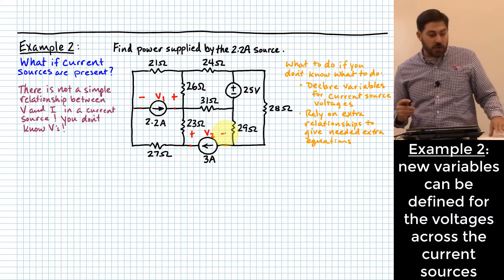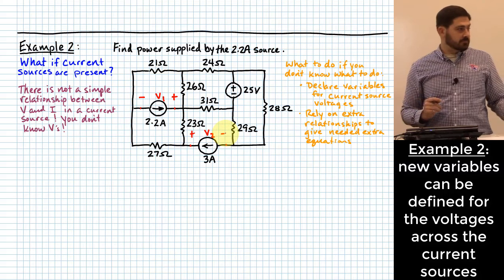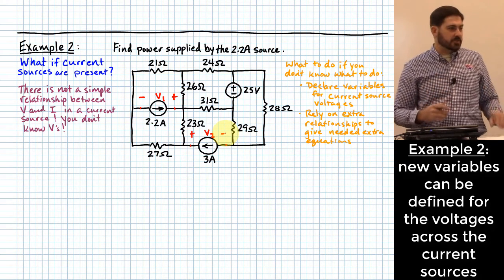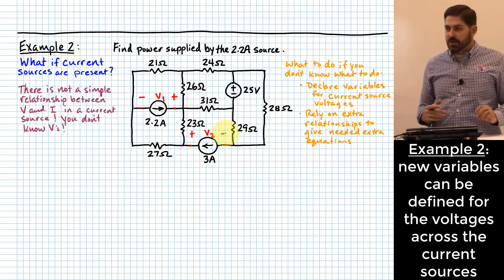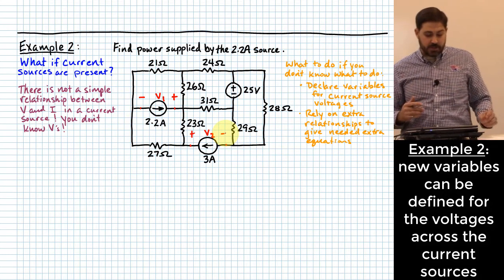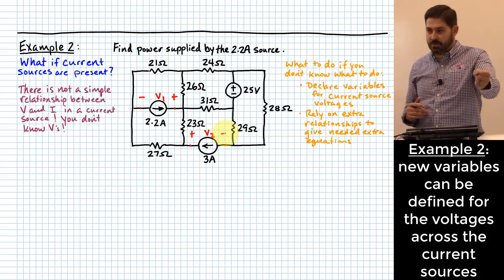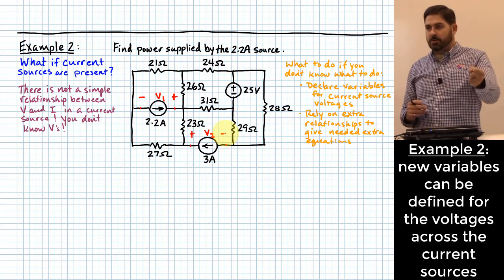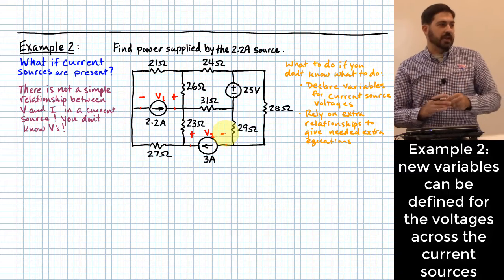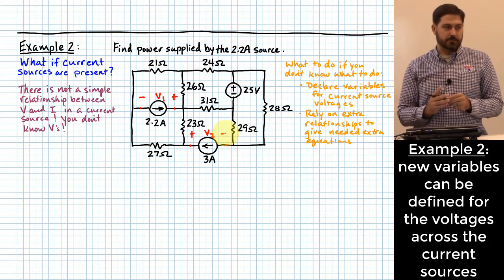Does this mean that I know that they are producing positive power? No. All it is, I'm choosing a direction. It is somewhat arbitrary. I'm just stating at the beginning, if it turns out that V1 and V2 are positive, it means those sources are delivering power into the network. They are supplying power into the network, not absorbing power, if those numbers come out positive for V1 and V2.